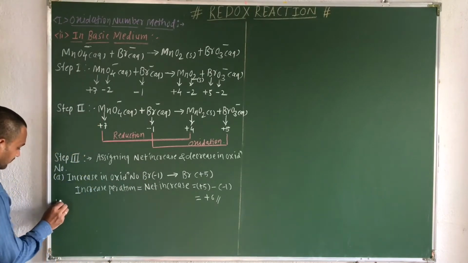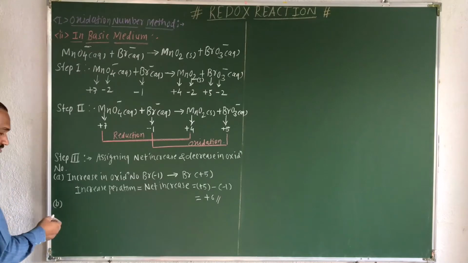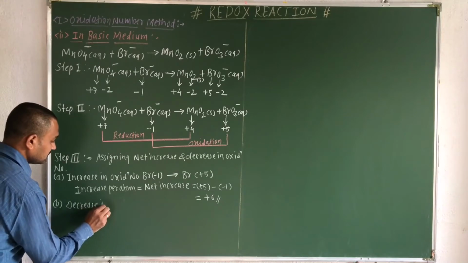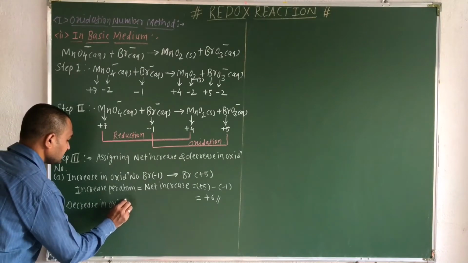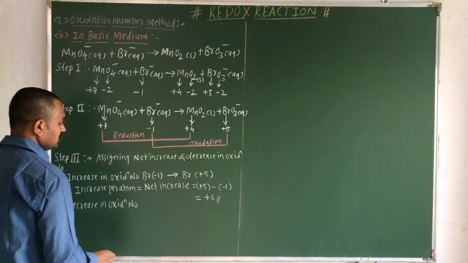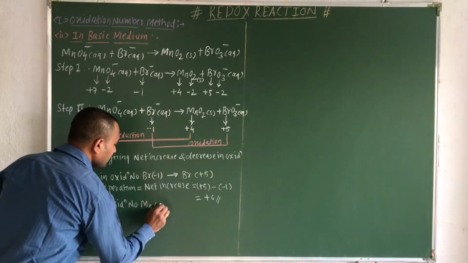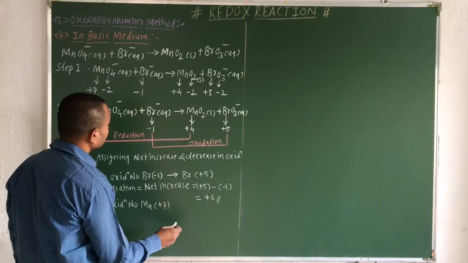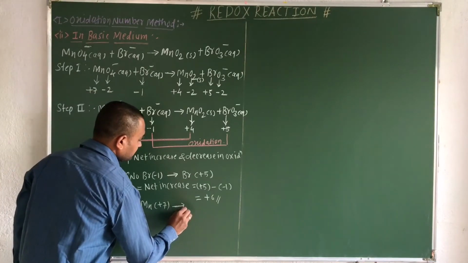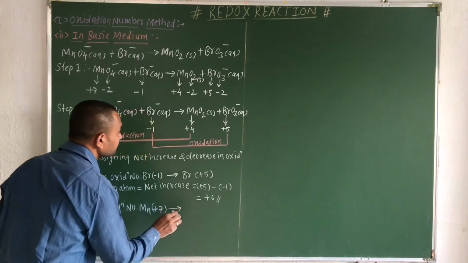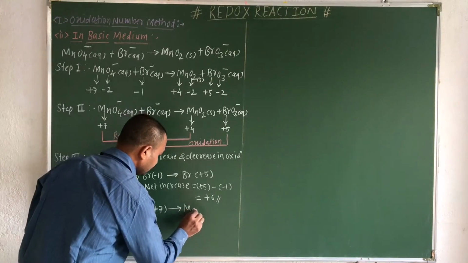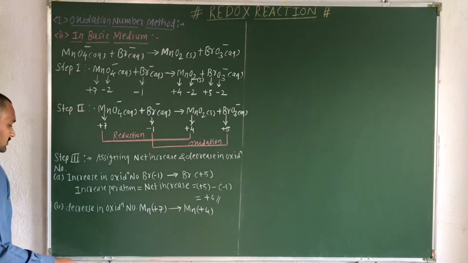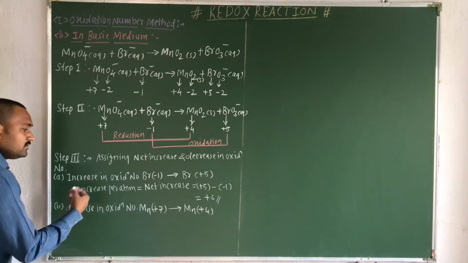Now similarly we will find the net decrease in oxidation number. Decrease in oxidation number: manganese plus 7 to manganese plus 4. Let us find the decrease per atom and net decrease.